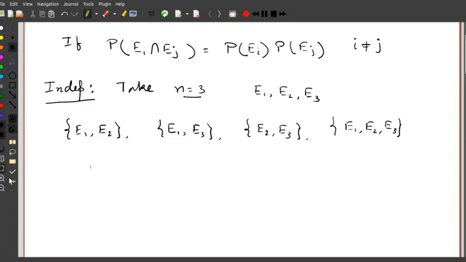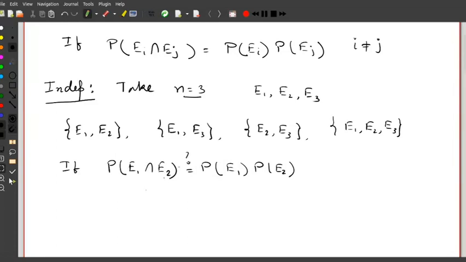So in this case, I need to check if probability of E1 intersection E2 is equal to probability of E1 times probability of E2 or not. I need to check if E1 intersection E3 is equal to probability of E1 times probability of E3, whether this is true or not.